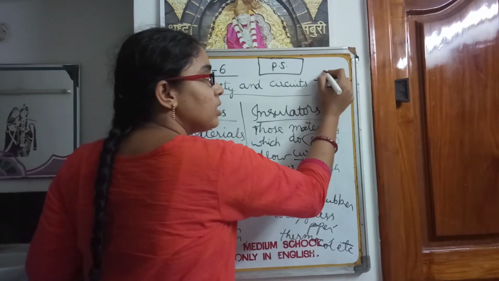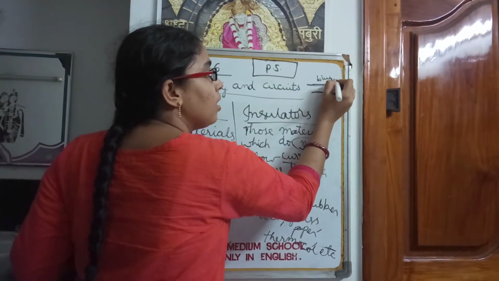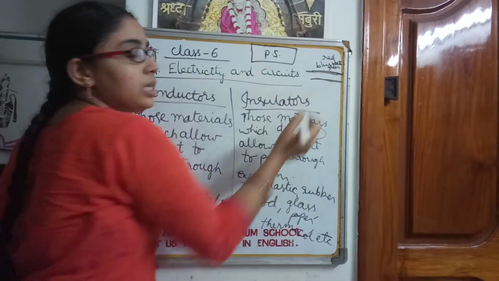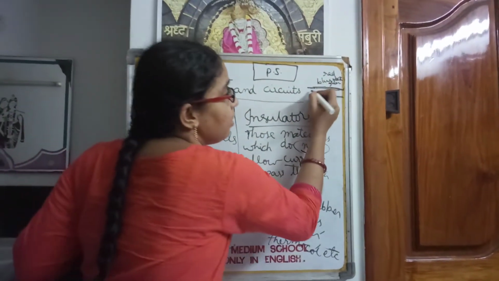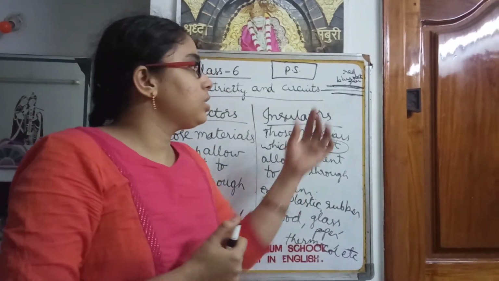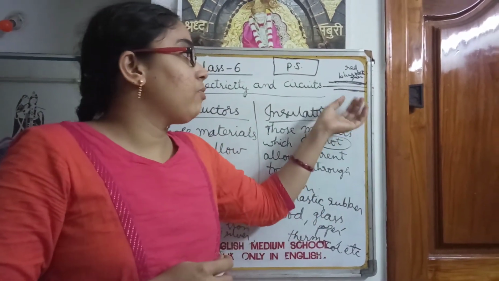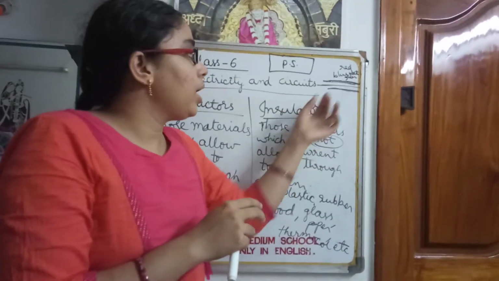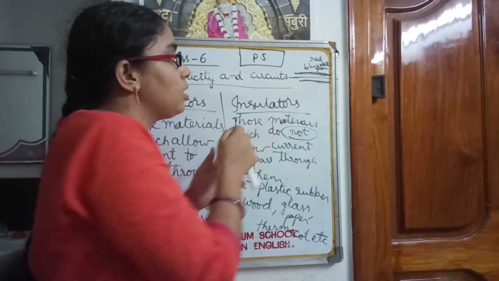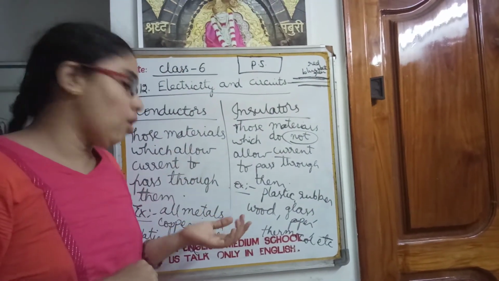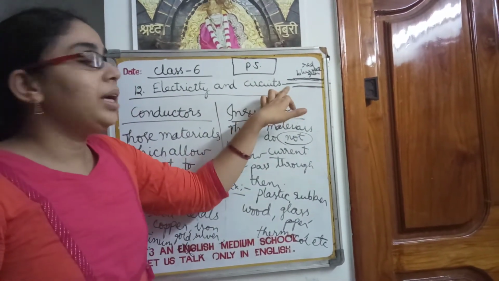Those wires have colors like blue, green, red, black. I shall show you while we are performing an activity. If we open those and see inside, a thin wire will be present, that is nothing but copper. Those are metals.